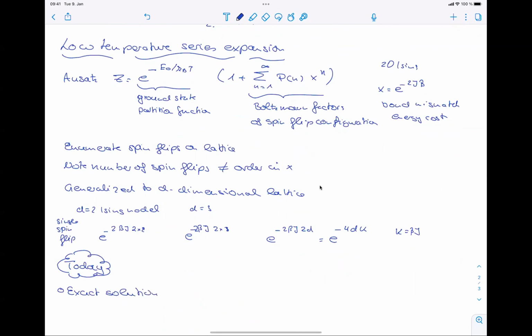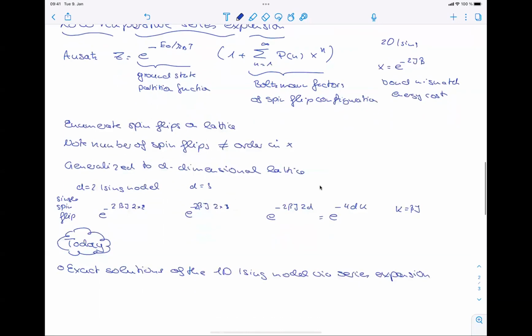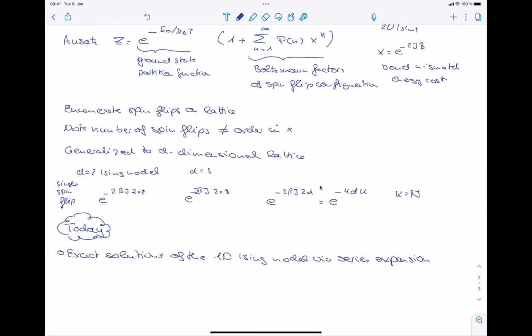I know, boring, but it shows you that it works. Exact solutions for the 1D Ising model, which I think nicely illustrates how the method actually works.